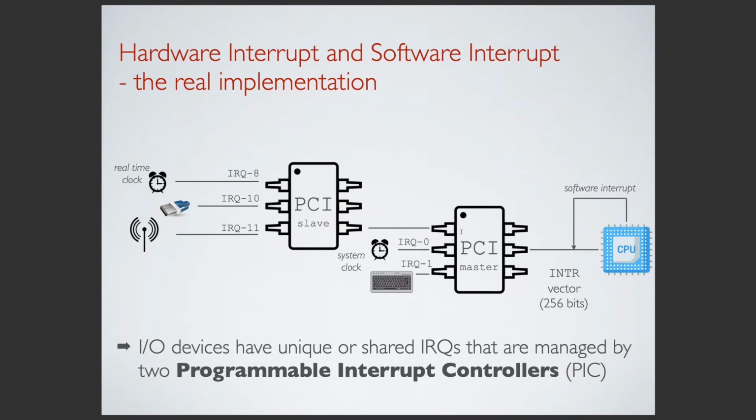So what's happening here? Imagine there is a keystroke. When the keystroke is sent, the CPU is going to handle it. But because the keystroke has higher priority than the USB, what the PIC master is going to do is the following.